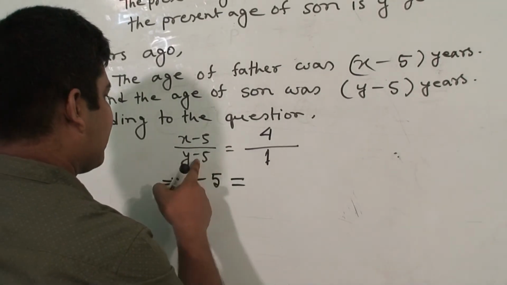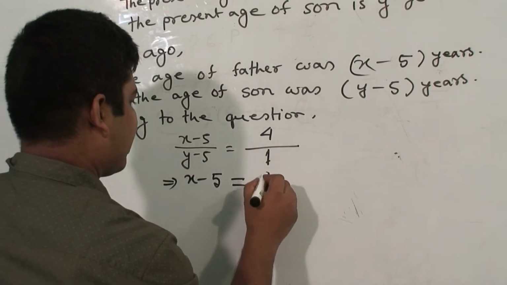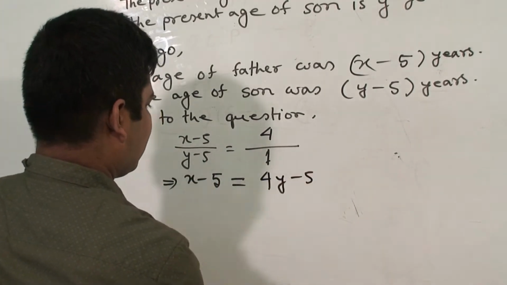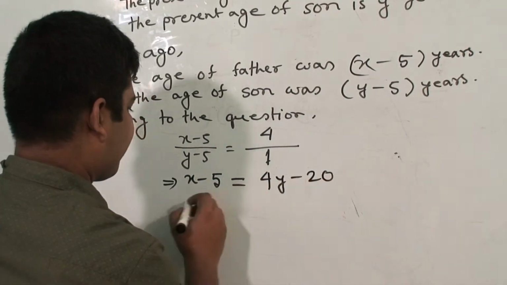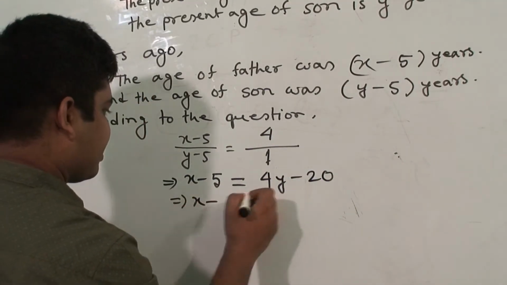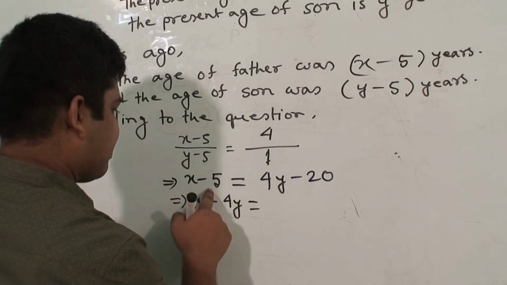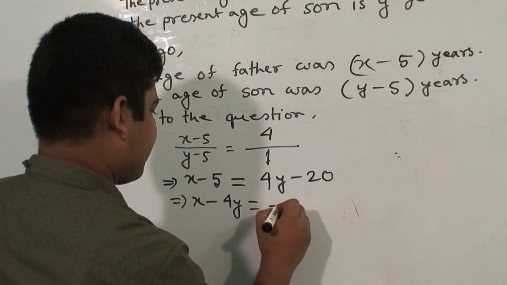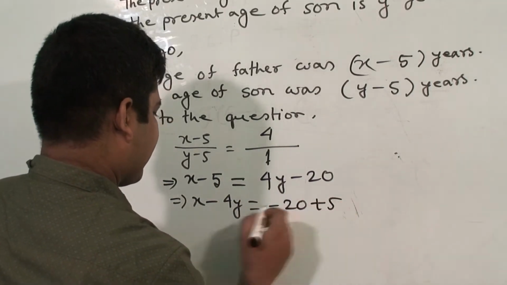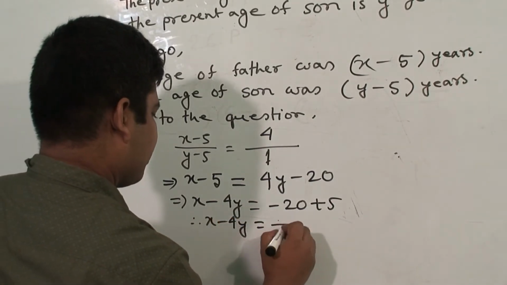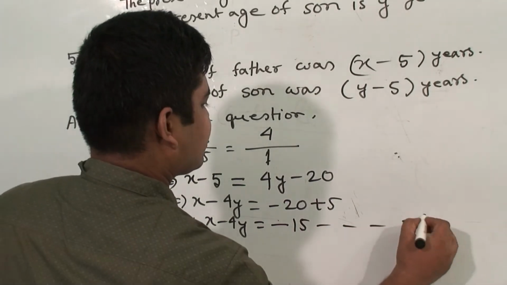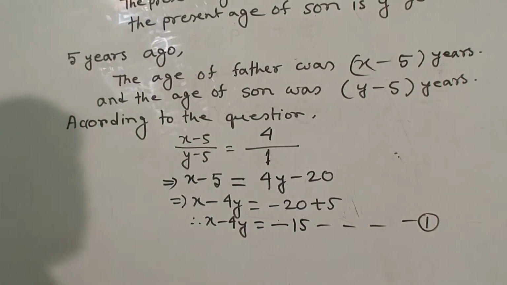After that we multiply y minus 5 into 4 and it will be 4y minus 20. After that x minus 4y, and this minus 5 transfers its position, that means it will be plus 5. So x minus 4y equal to minus 15. This is equation number 1. I hope you have understood.